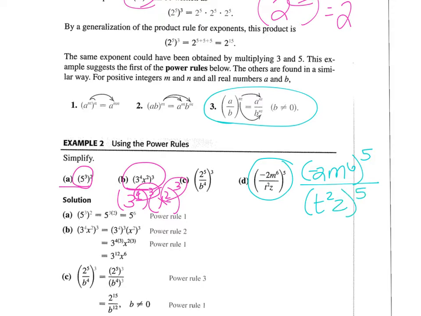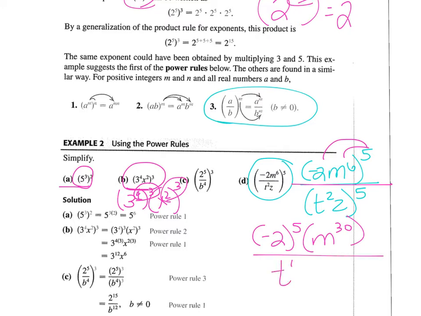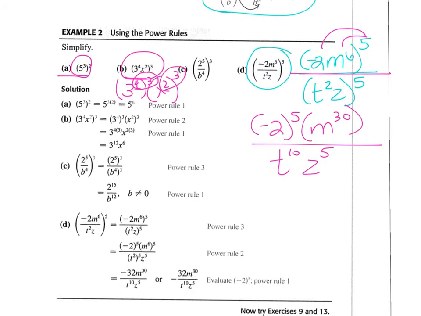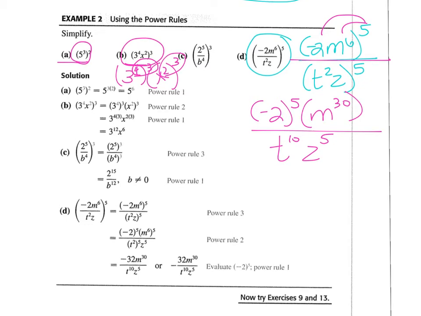Then you distribute the exponent: negative 2 to the 5th, m to the 6th raised to the 5th, multiply those out, you'd get m to the 30th, over t to the 2nd raised to the 5th, which is t to the 10th, and then z to the 5th, which is this last example here. And if you multiplied out negative 2 five times, you'd end up with negative 32, sorry. You can either put the negative on the 32 or put it out to the front, same thing.